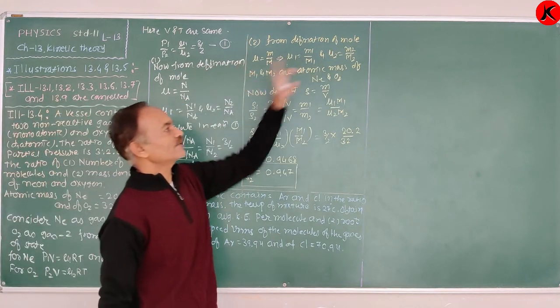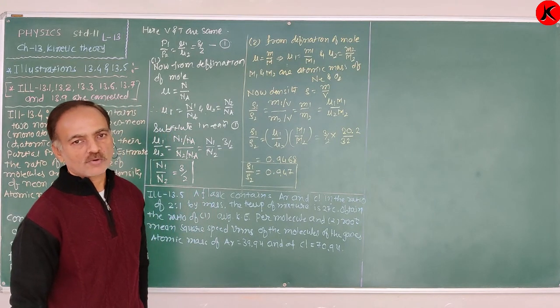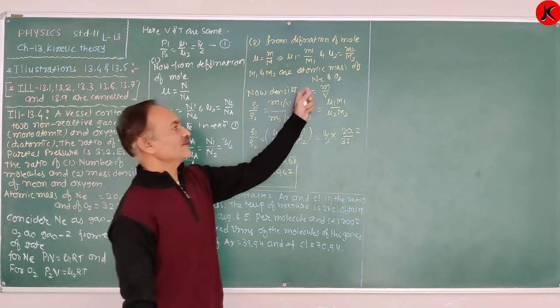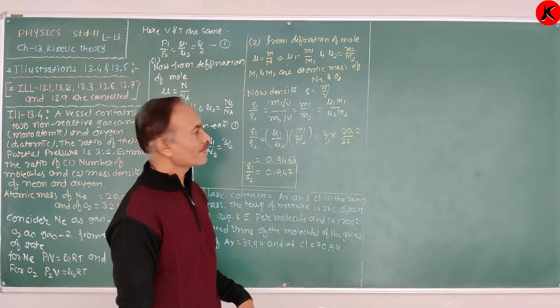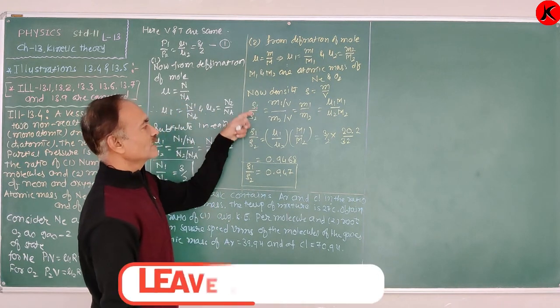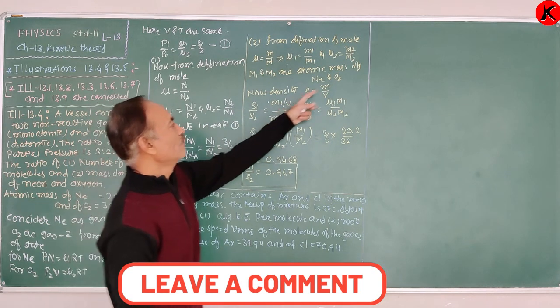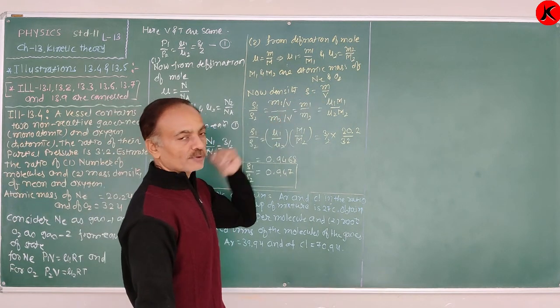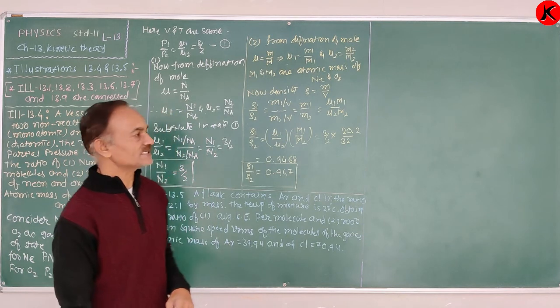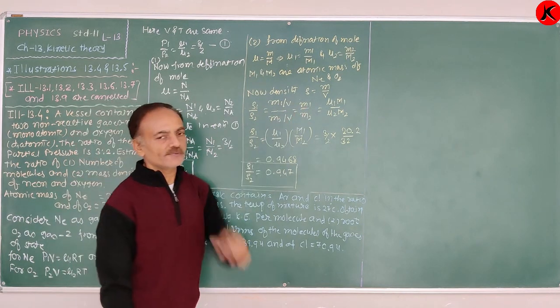Capital M1 and M2 are the atomic masses of neon and oxygen. Now, density ρ is equal to mass upon volume. Therefore, ρ1 upon ρ2, the density of neon to the density of oxygen, is m1 upon V upon m2 upon V. The volumes are the same and cancel, so it is equal to m1 upon m2.